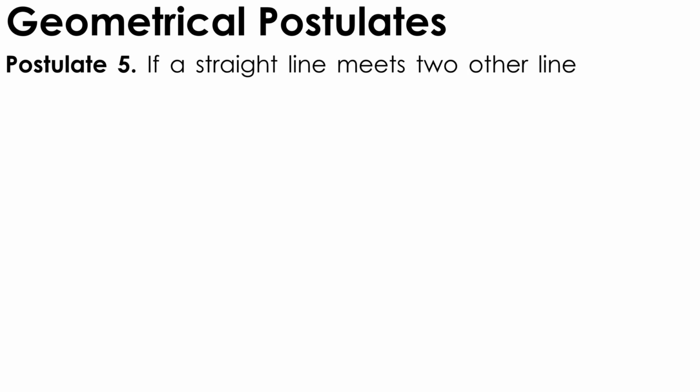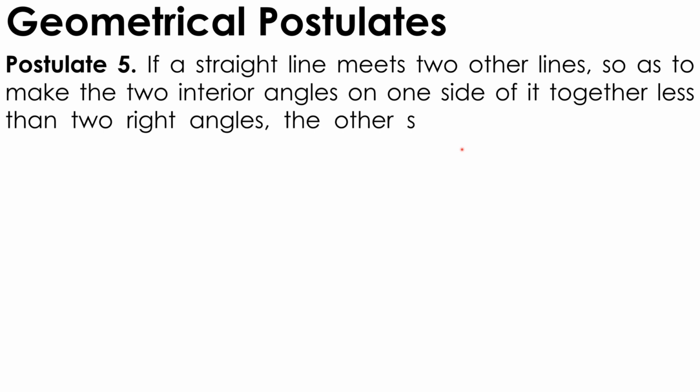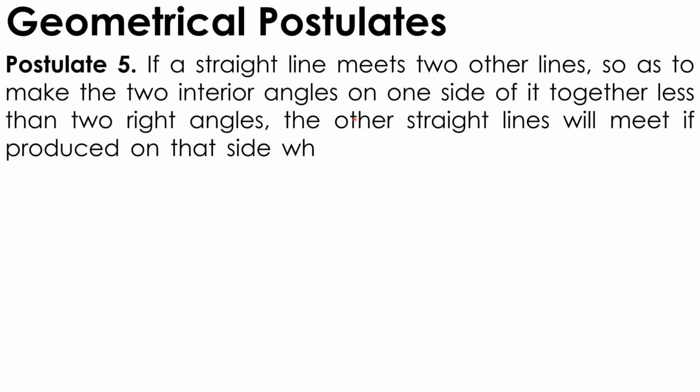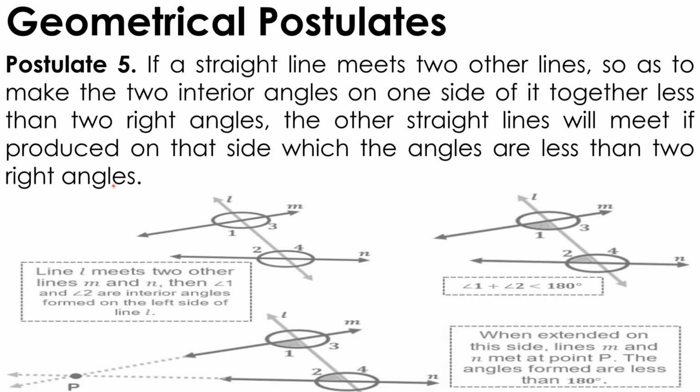Now let's proceed to postulate number 5. If a straight line meets two other lines so as to make the two interior angles on one side of it together less than two right angles, the other straight lines will meet if produced on that side which the angles are less than two right angles.